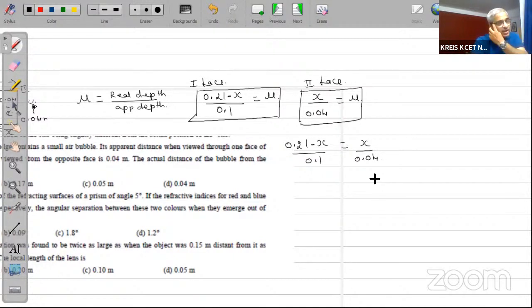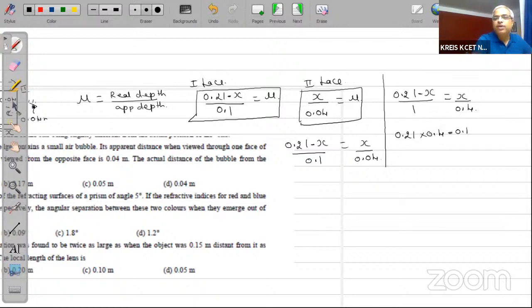Okay, before we do that, let us actually make some more improvisation on this. ಇದು 0.21 minus x divided by ಇದನ್ನ 1 ಅಂತ ಬರೆಯೋಣ. ಅವಾಗ this will become x by 0.4. So this becomes 0.21 into 0.4 minus 0.4x is equal to x.